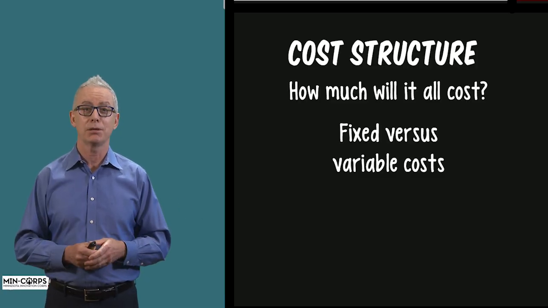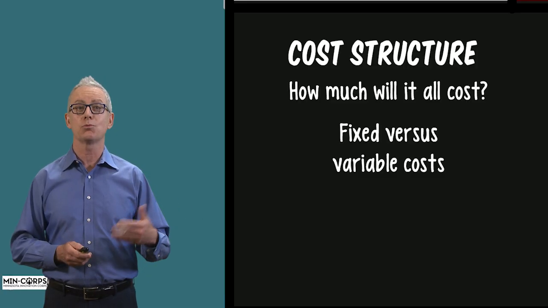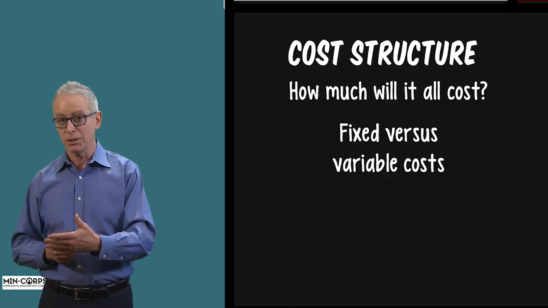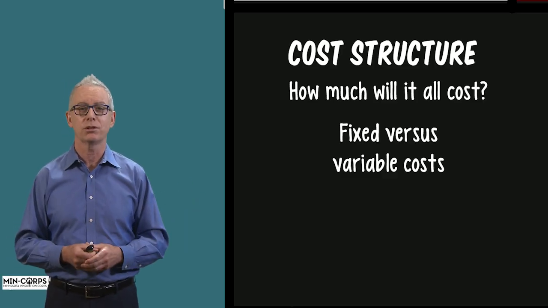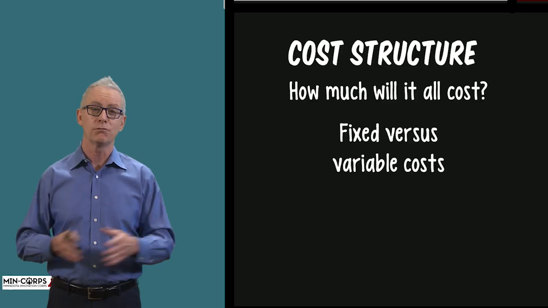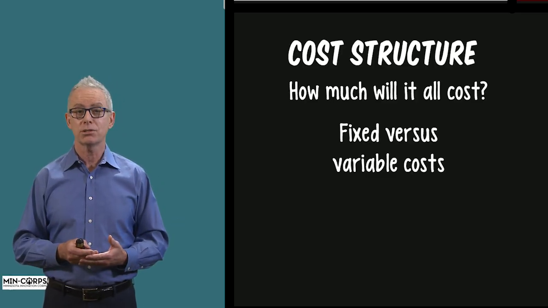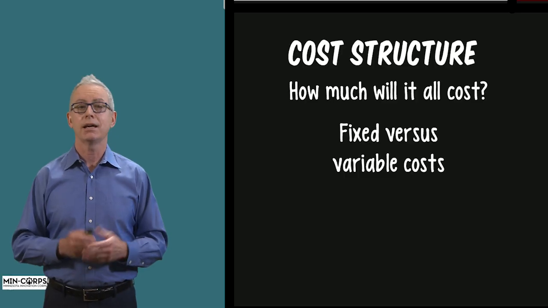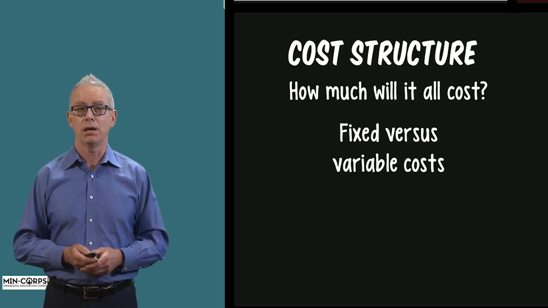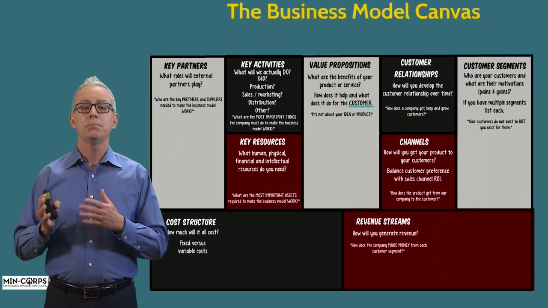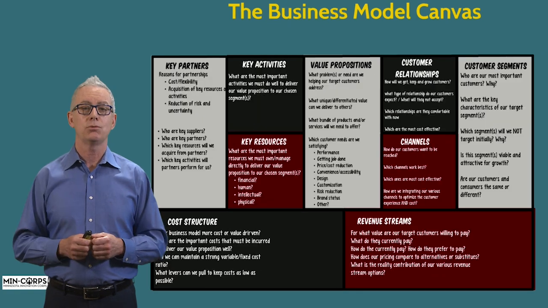So, for example, having a manufacturing partner who builds when you have orders, having a distributor who delivers when you have orders, hiring a contractor versus a regular employee. These are all ways to build variable cost structure versus fixed cost structure, and that can add real value to your business model. So those are the 9 building blocks and the essential question you'll want to ask in each one of them.